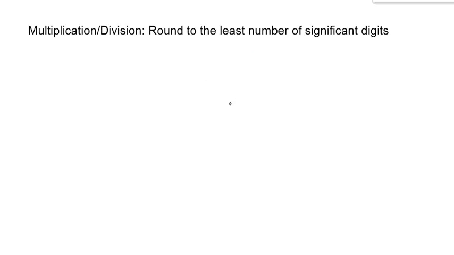Now what about multiplication and division? Let's say I'm calculating a density of an object that is 20.0 grams divided by 10. milliliters. Well, now we're going to round to the least number of significant digits. I look at this one.